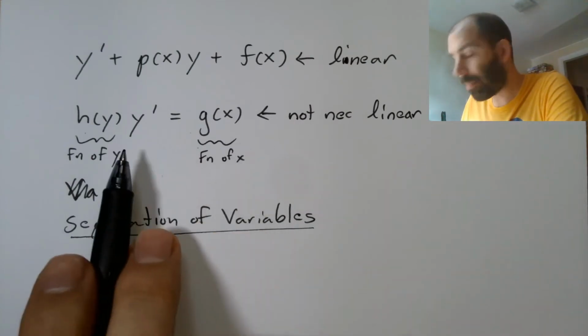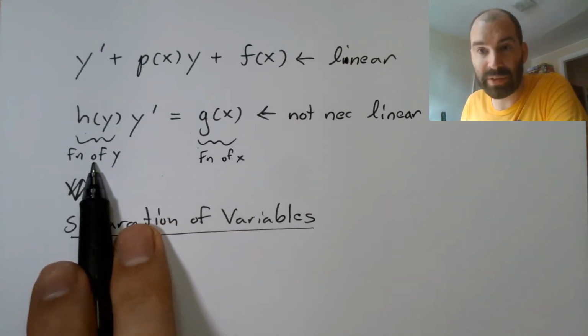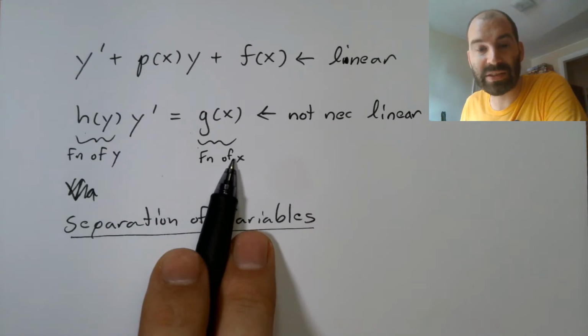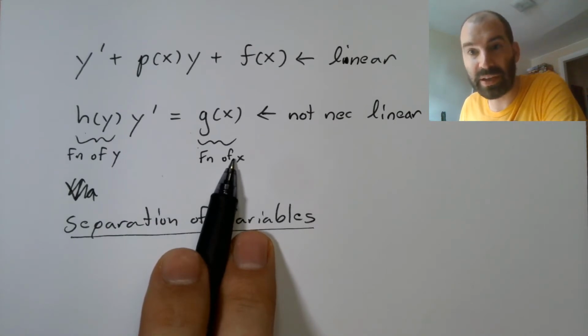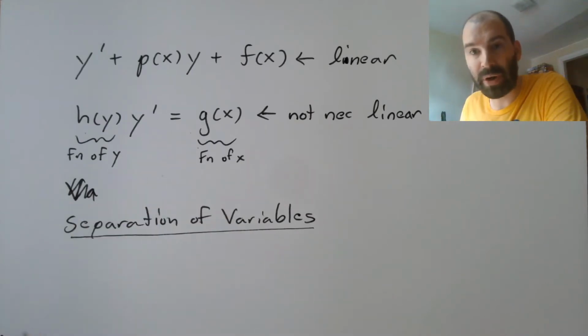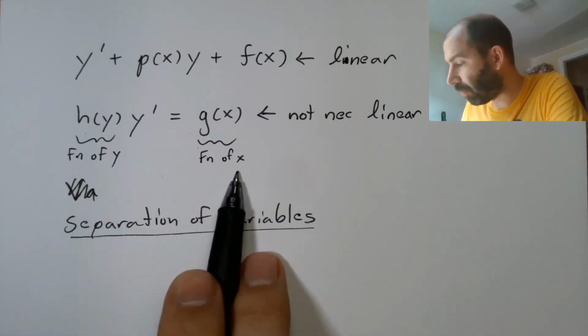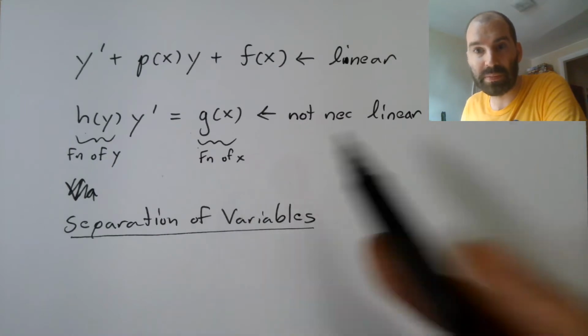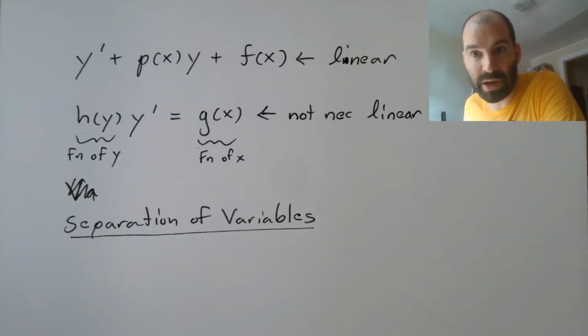We've separated the y's to be on the left side and the x terms to be on the right side. Okay? Moreover, we're multiplying by y prime here. And if you can get into this form, that means you've already separated the variables.